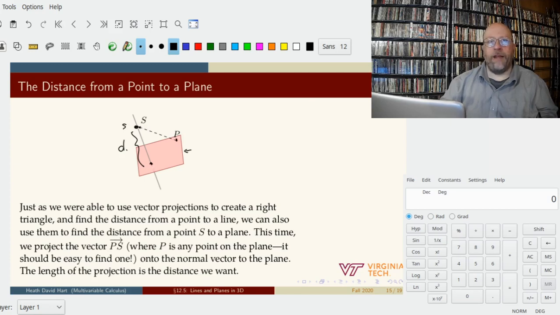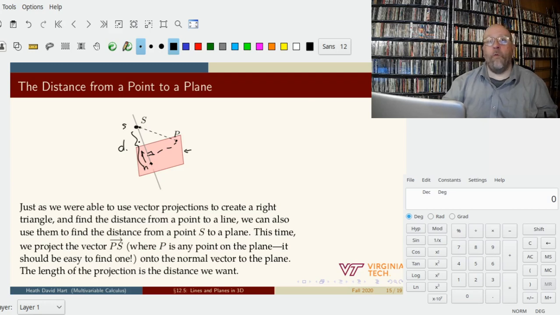But I can find any point P that's on the plane, calculate the vector from P to S, and then take that vector and project it onto the normal vector. Remember that this distance is the same direction as the normal vector. And that will give us the distance that we want. That's the idea. Okay?